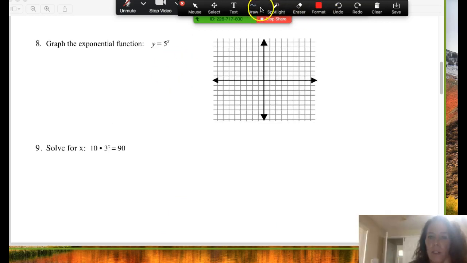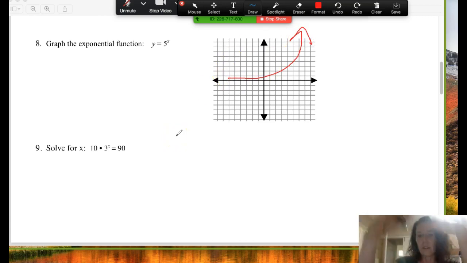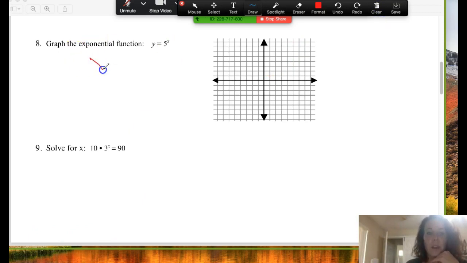Okay, graph the exponential function. Remember, when I say something increases exponentially, you're going to think it's going to go up really fast. So your exponential function should look like a curve that goes up really fast, okay? Unless it's flipped and whatnot. When you're graphing an exponential function, make an XY graph.